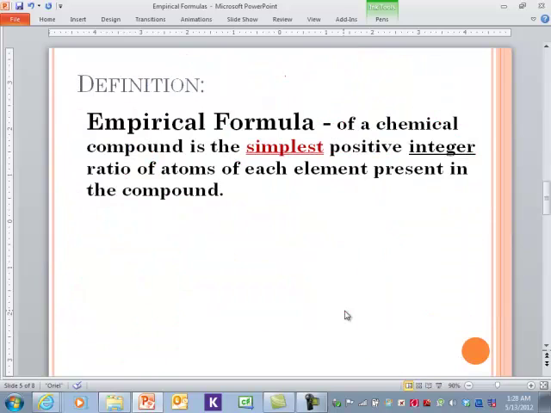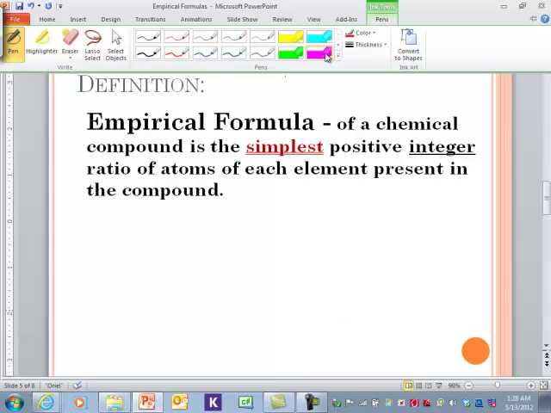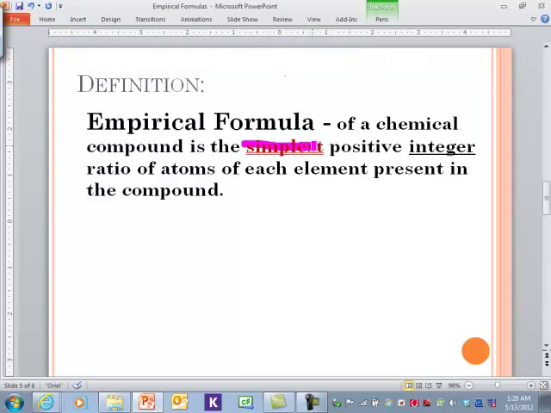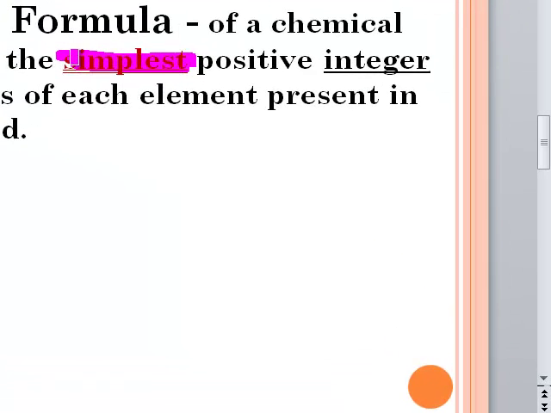Let's define this term. What we refer to as the empirical formula of a chemical compound is the simplest, and very, very important, it's the simplest positive integer ratio of atoms of each element present in the compound.